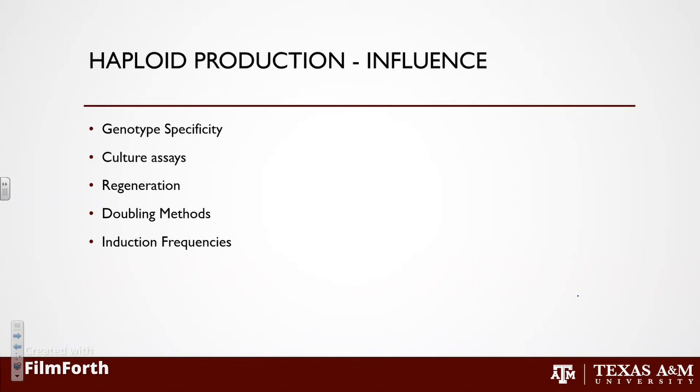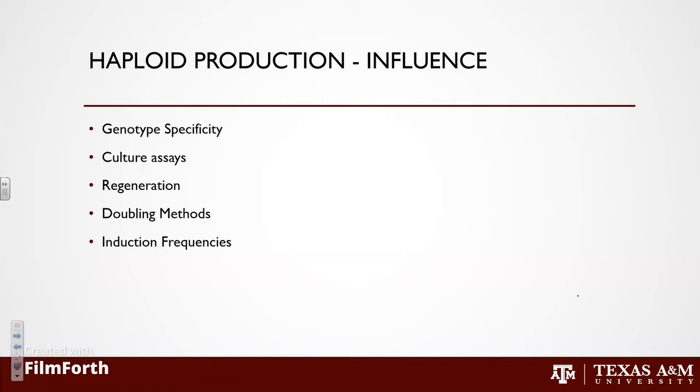Cultural methods, tissue culture methods, and genotype response to that are important. The ability to regenerate through tissue culture can be really important for gyno or androgenesis. Amenability to doubling chromosomes through spontaneous or chemical means, i.e. colchicine, is really important. If you can't double them, it's hard to use them.